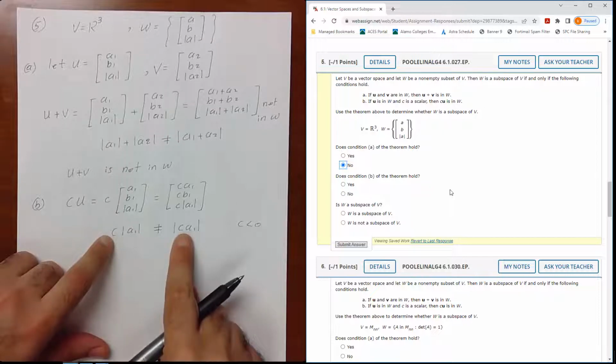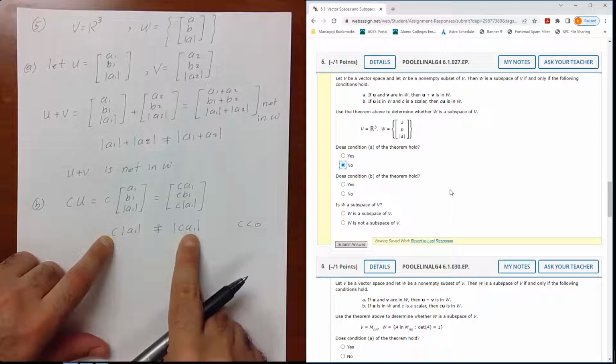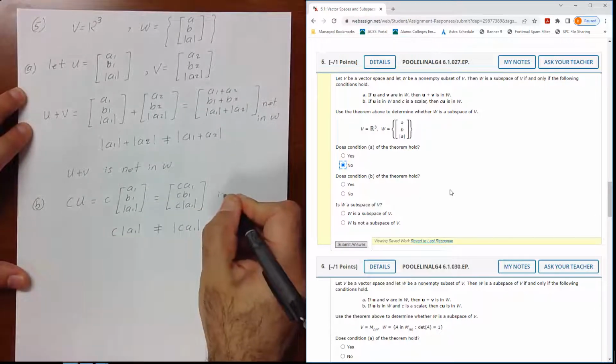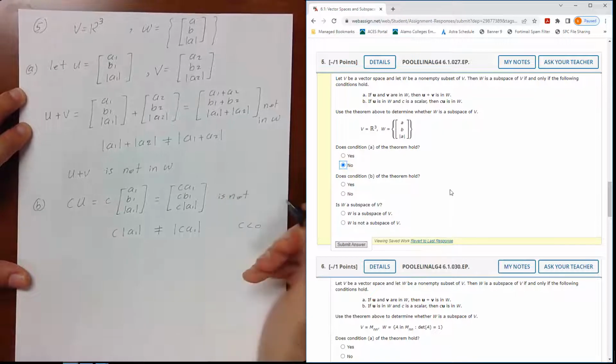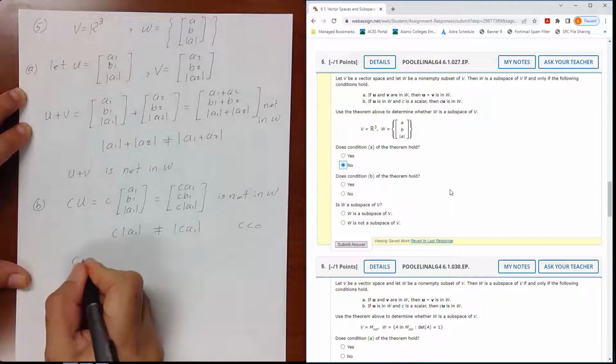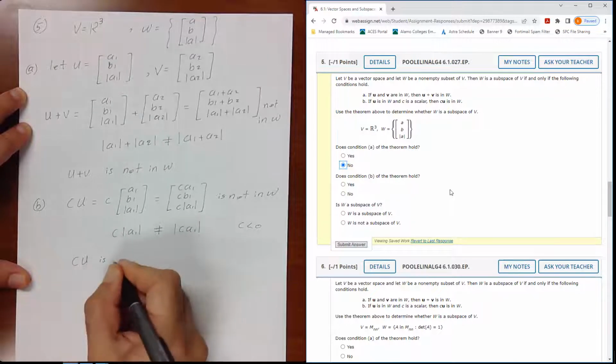But if you multiply the negative number times any number here and take the absolute value, the result is going to be positive. That means this one is not equal to this one. That's why the result is not in W. So CU is not in W.